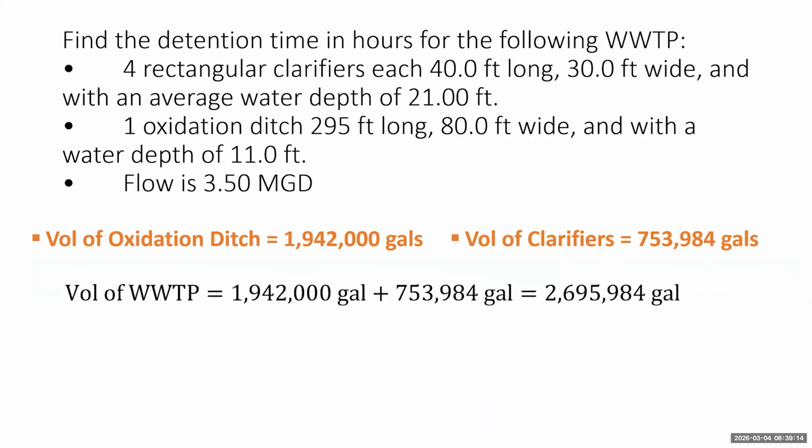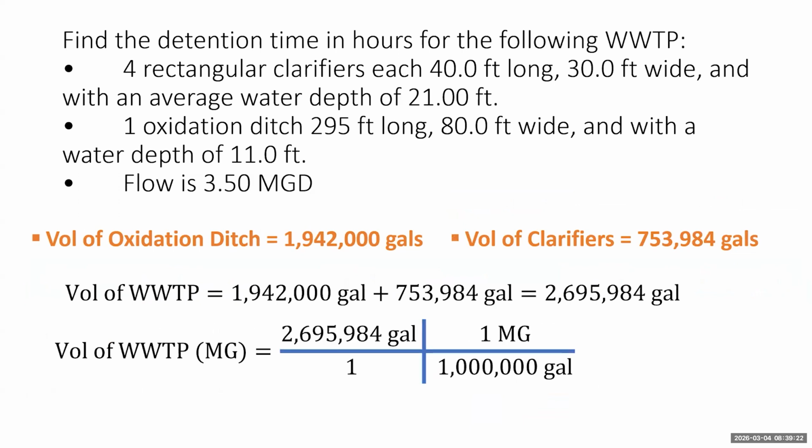So now we have volume, it's in gallons, but our flow is in millions of gallons, right? So we can do that conversion where we take 2,695,984 gallons divided by 1 million gallons to get 2.65984 million gallons. So now we have everything we need.